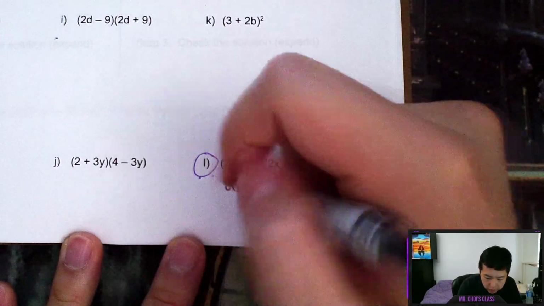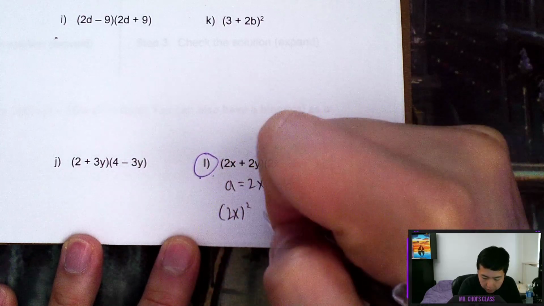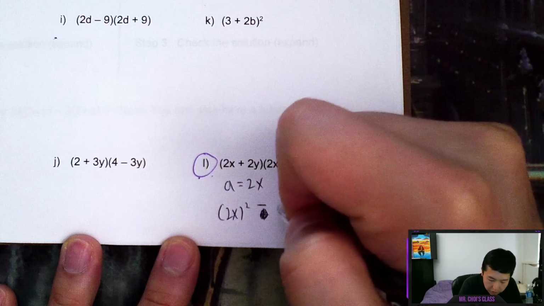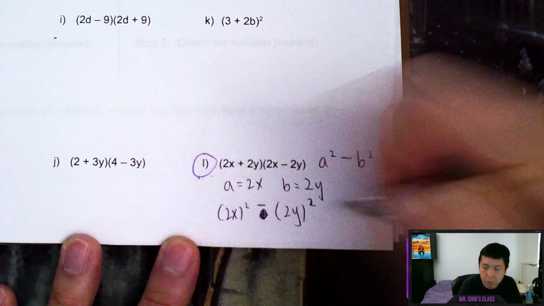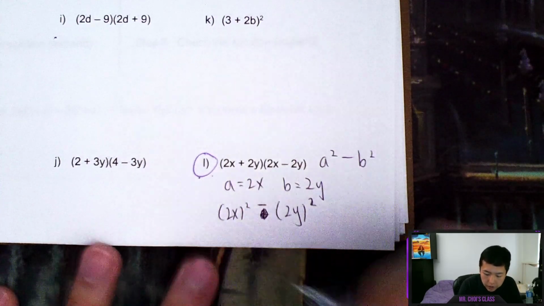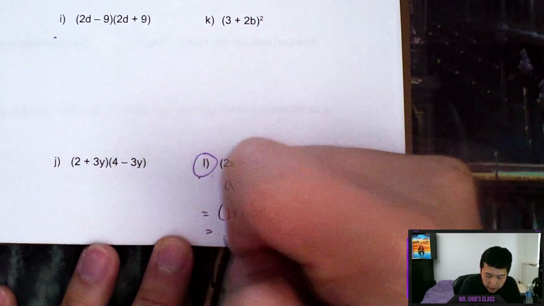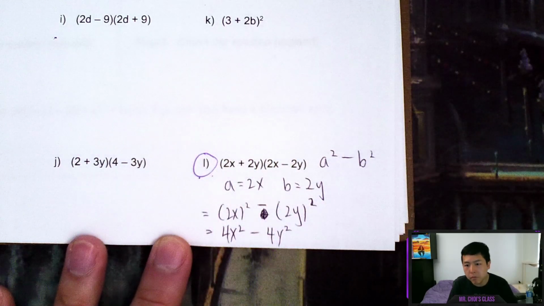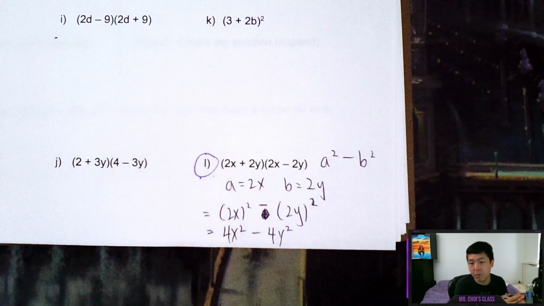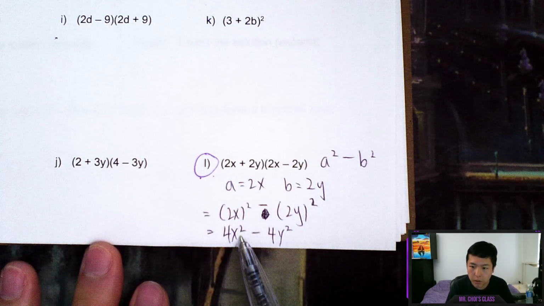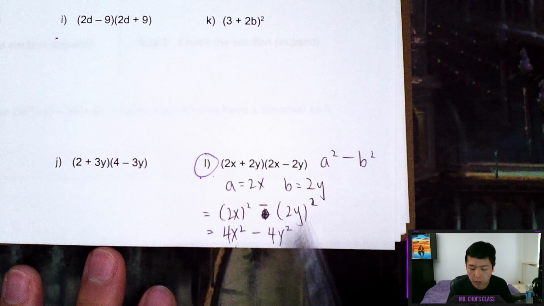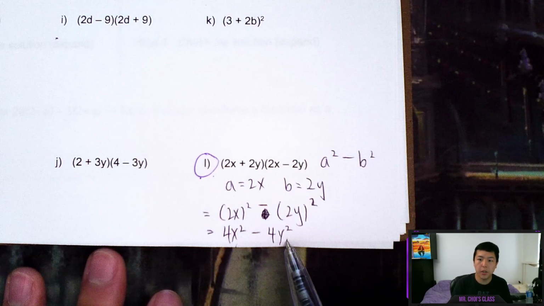When we plug it in, we get (2x) to the power of 2, minus, not plus, (2y) to the power of 2, and we can expand that. We get 4x squared minus 4y squared, because (2x) squared is 2x times 2x, so 2 times 2 is 4, and x times x is x squared. And for (2y) squared, 2 times 2 is 4, y times y is y squared, and then we get our answer there.